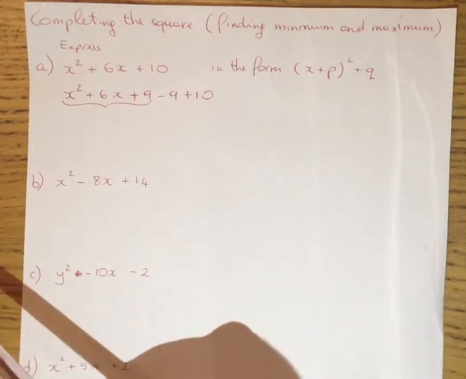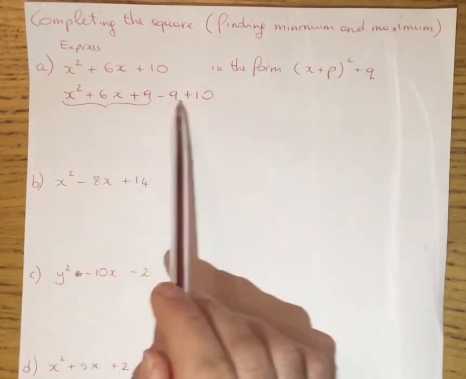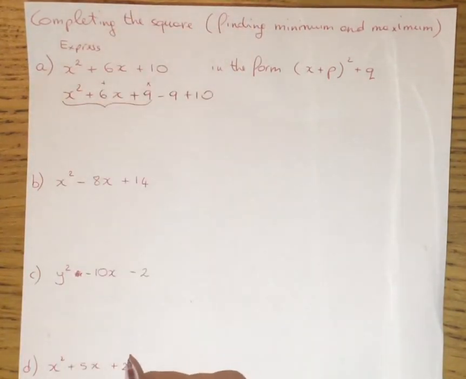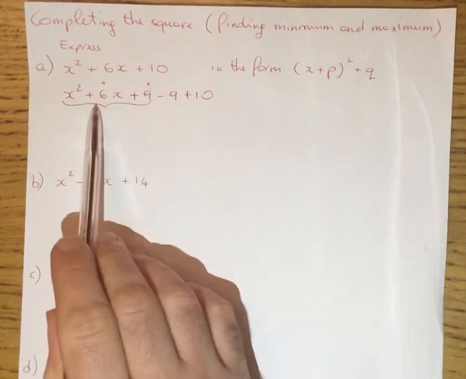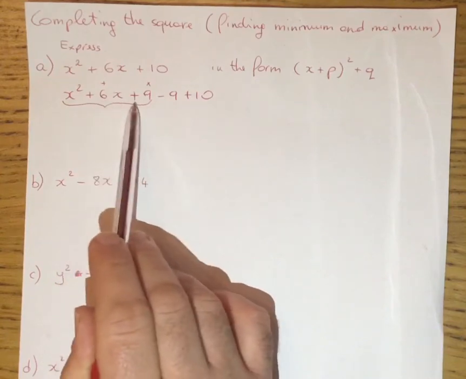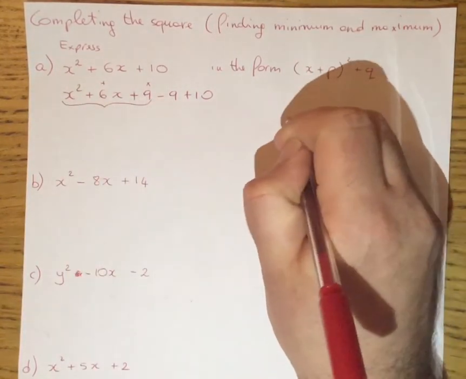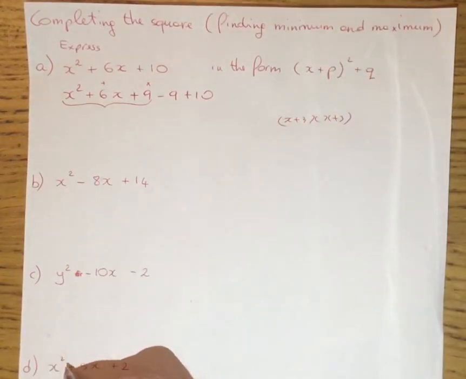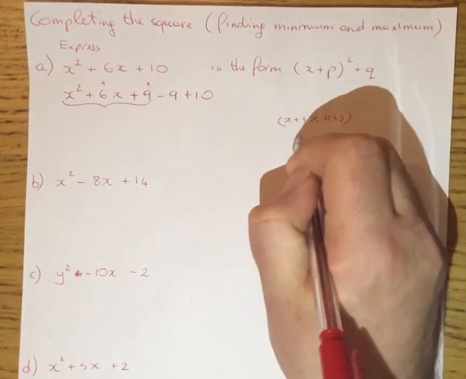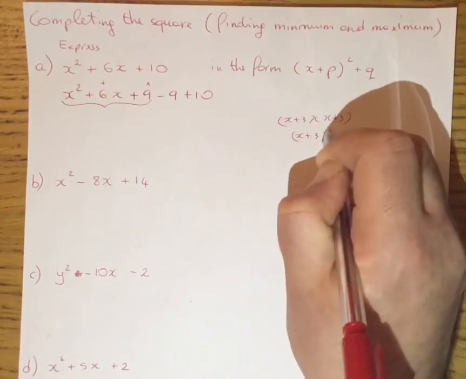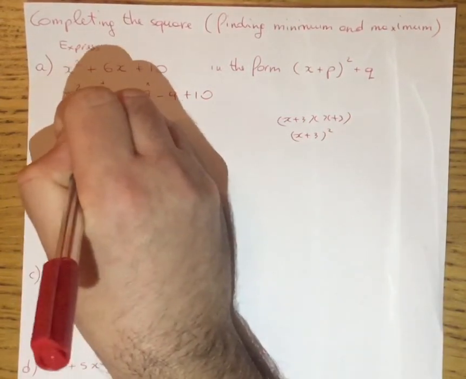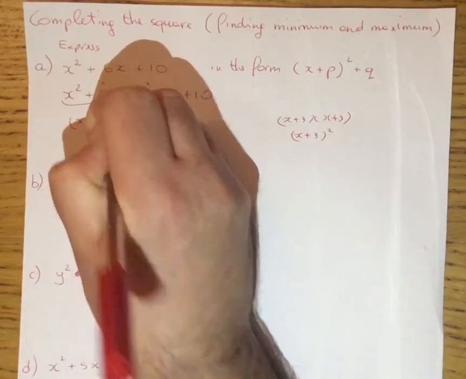If you look at the factorization, what two numbers multiplied together will give you 9, and the same two numbers added together will give you 6? And the answer is 3 and 3, because 3 times 3 is 9 and 3 plus 3 is 6. So we should actually write this as (x plus 3) times (x plus 3), which in fact is (x plus 3) squared.